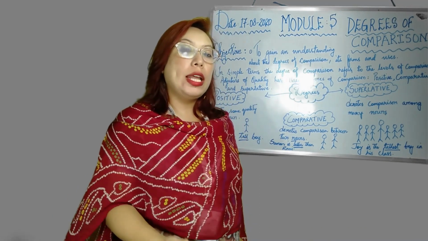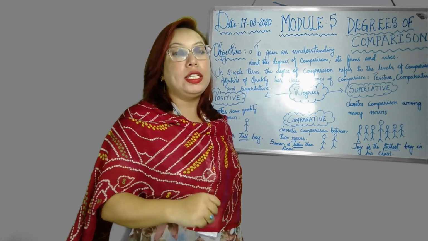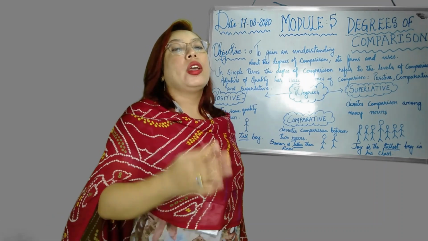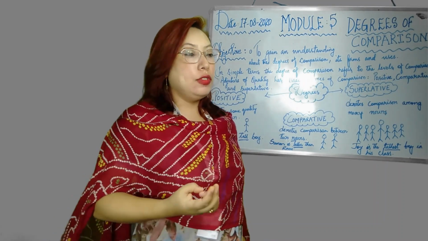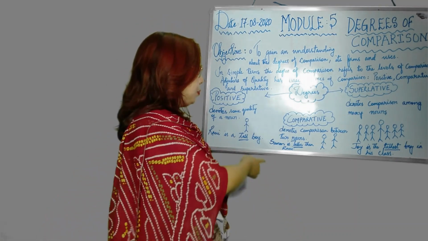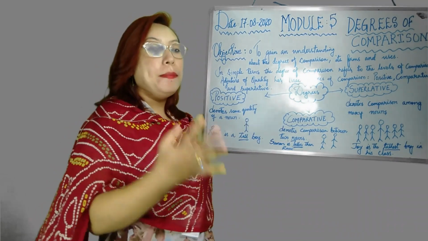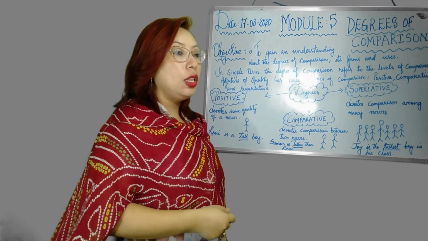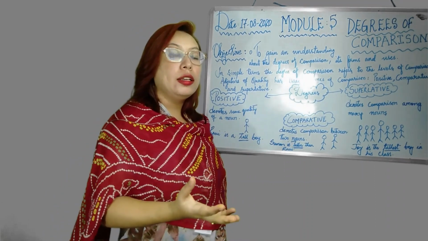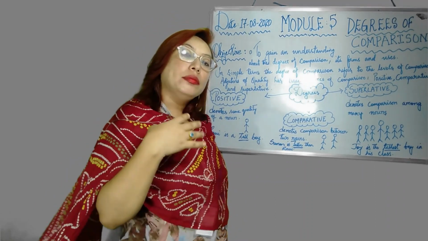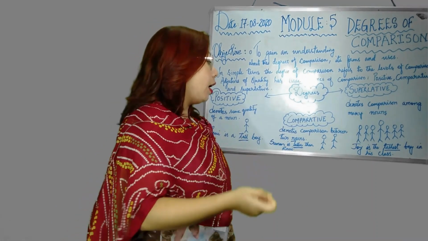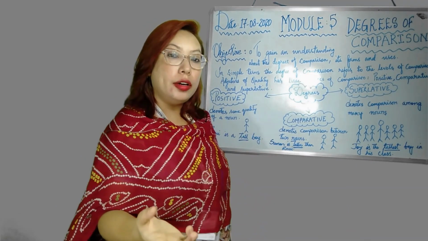Now sometimes what happens, it's very easy to identify the positive, comparative and superlative degree, because most of the time in the positive degree you just have the quality, right? Big, small, thick, tall. And in the comparative degree, most of the time it ends with er. If it is tall, taller, right?